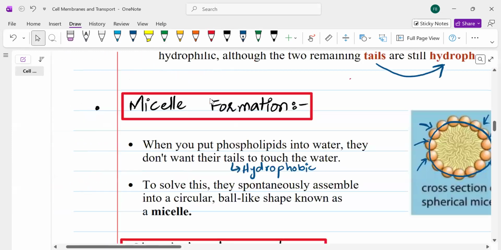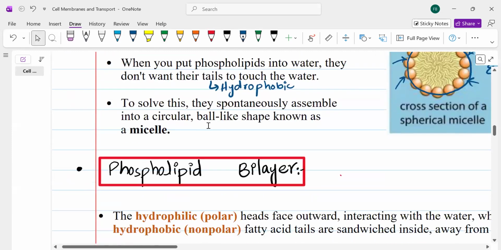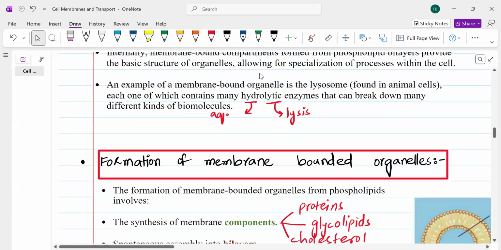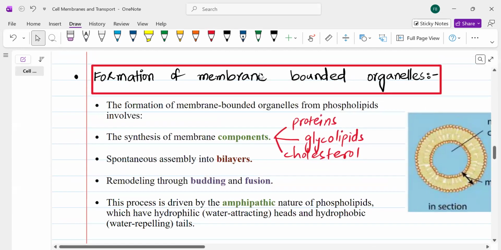Now we have different things. Can you tell me how the membrane of the organelle is formed by the help of phospholipid? The formation of membrane-bound organelles.